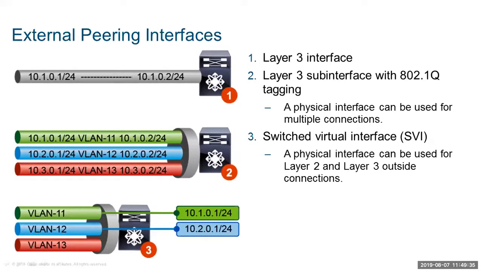That's the third one shown here. SVIs are ideally used when you want to use the same physical interface for bridging as well as routing, layer 2 as well as layer 3. That's when you do SVIs. You remember why we even use SVIs. And of course, again, in this case, each encapsulation or each VLAN represents a different tenant.